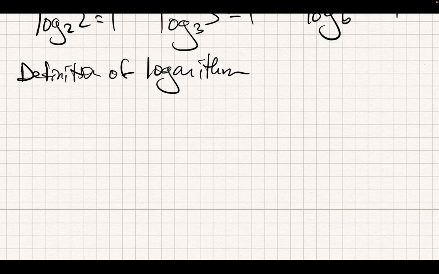Definition of logarithm. If b to the x equals a, then x equals, can anybody guess?